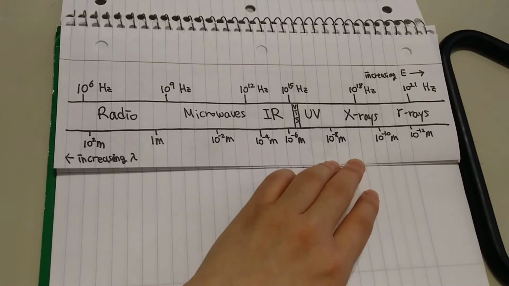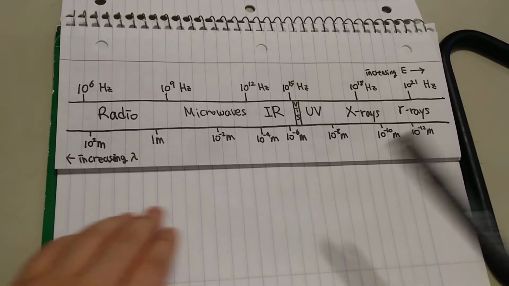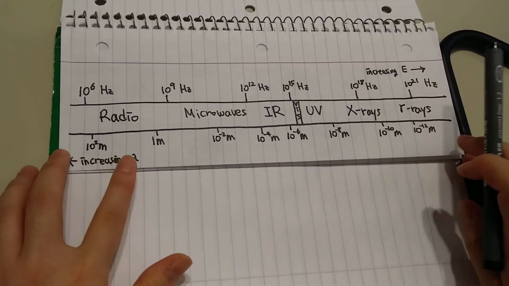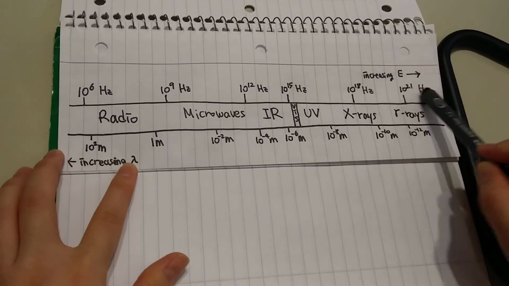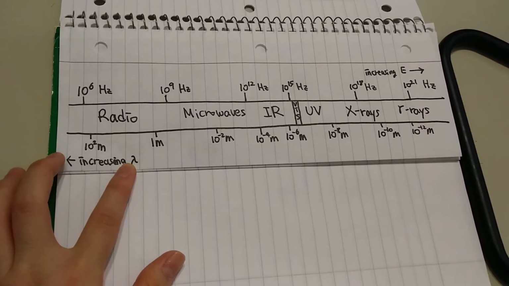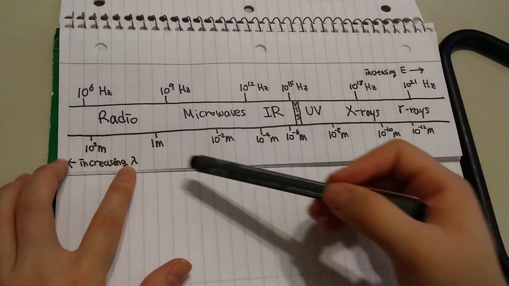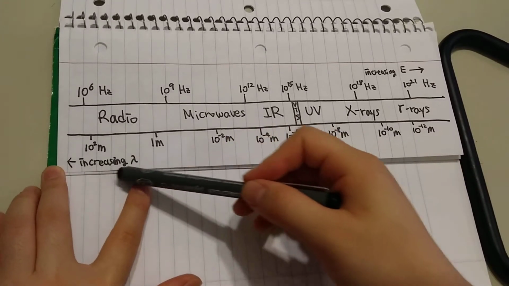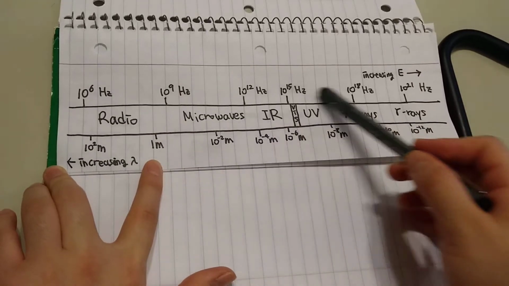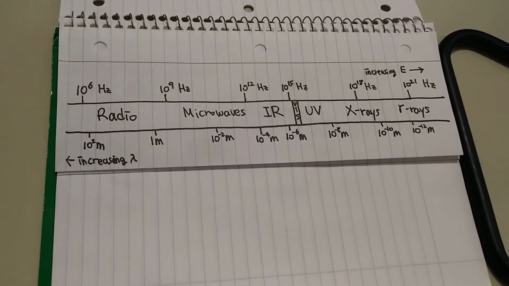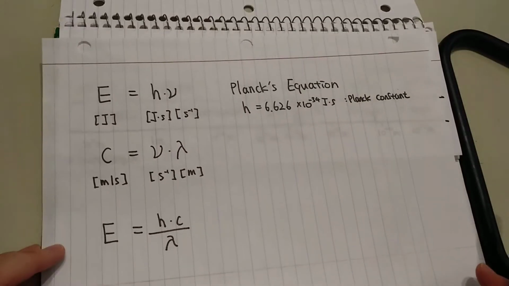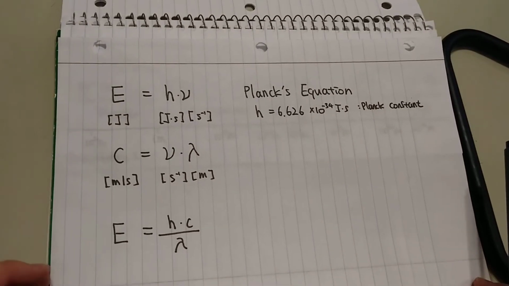You can see the approximate scale of wavelength here and frequency here, but be careful here because of energy and wavelength scale. In this direction is increasing wavelength, and in this direction is increasing energy. We can see this relationship in this equation, the Planck equation.